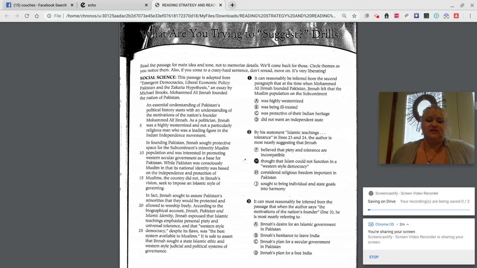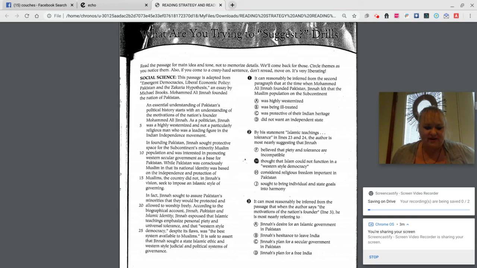Paragraph 2. In founding Pakistan, Jinnah sought protective space from the subcontinent's minority Muslim population and was interested in promoting Western secular government as a base for Pakistan. While Pakistan was consciously Muslim in that its national identity was based on the independence and protection of Muslims, the country did not, in Jinnah's vision, seek to impose an Islamic style of governing.